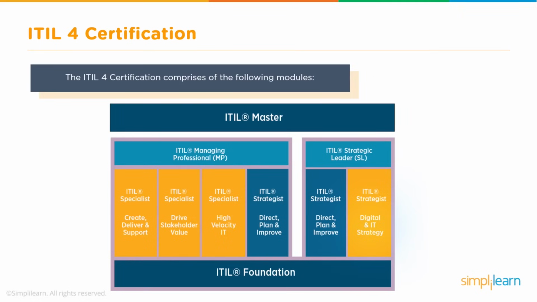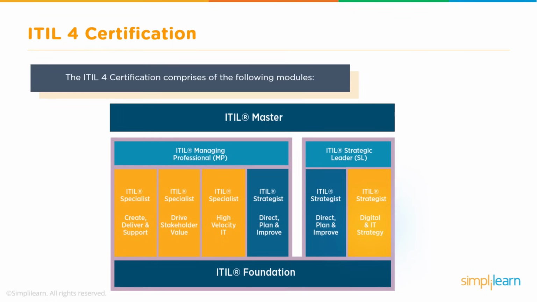There are three modules in ITIL Specialist and two modules in ITIL Strategist. Create, deliver and support, drive stakeholder value, and high velocity IT are the three ITIL Specialist modules, whereas direct, plan and improve, and digital and IT strategy are the two strategist modules.